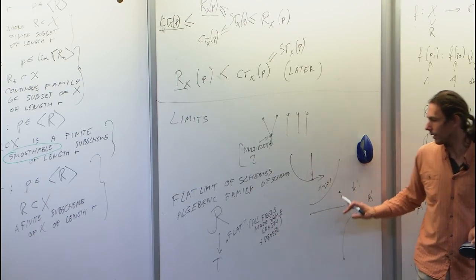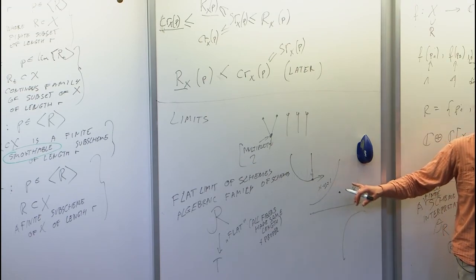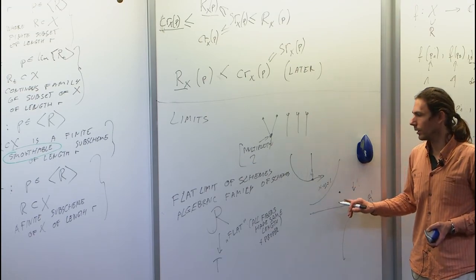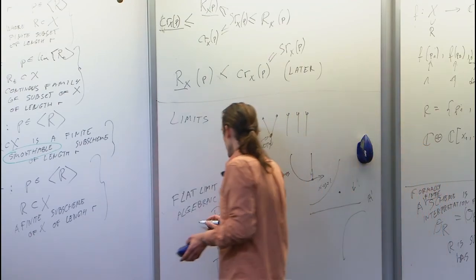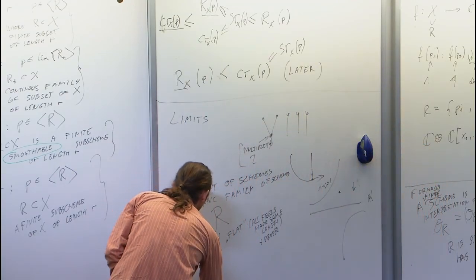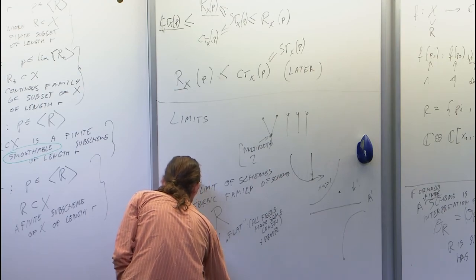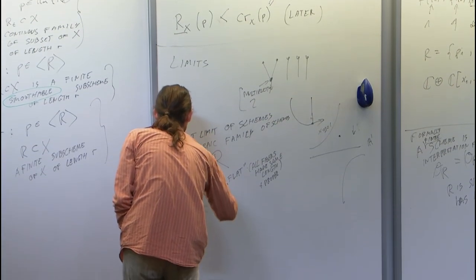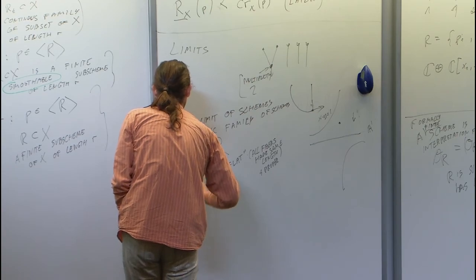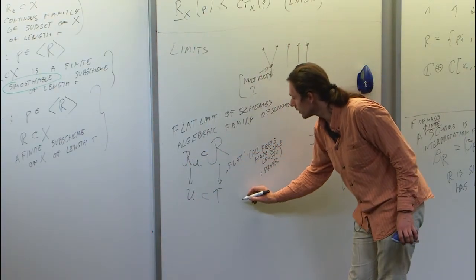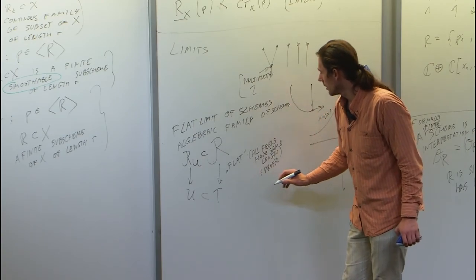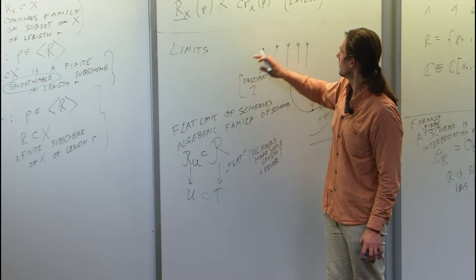It's proper, it takes care of this kind of stupid example. And then if I have a flat family such that for an open subset here, the image of this open subset consists only of smooth schemes, so just disjoint points.